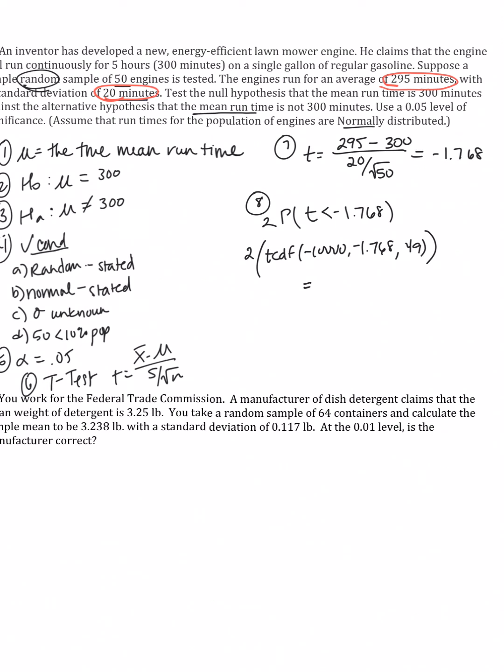All right, let's see what we get here. When you multiply by 2, you should get 0.083. And when I compare to alpha, it's close, but it's greater. So fail to reject again.